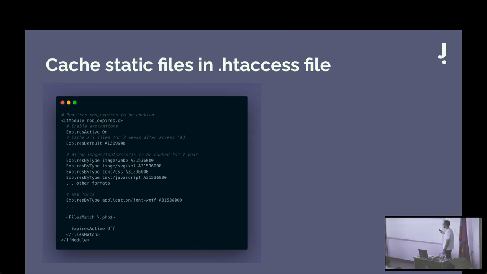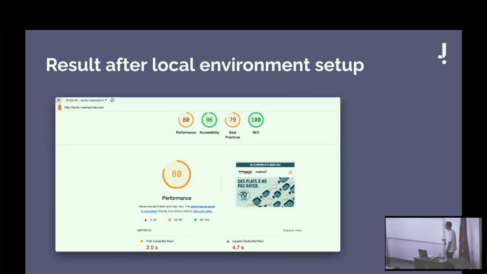Also, the htaccess file should be updated with the proper caching of the static files like CSS, JavaScript, images, SVGs, etc. On production this should be handled by your server provider, of course.